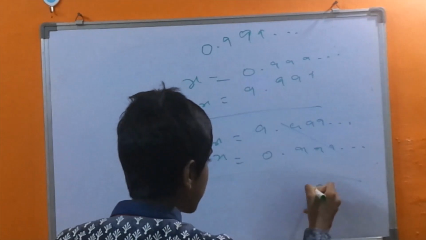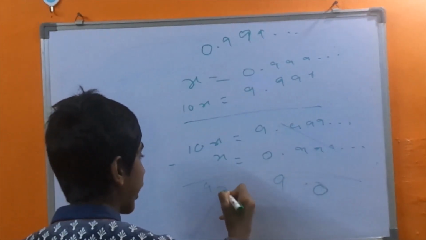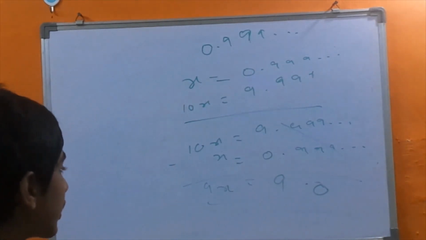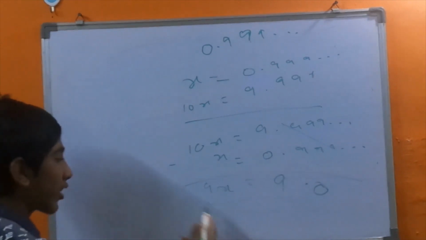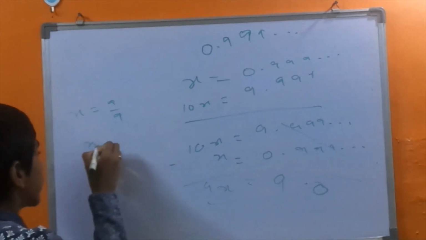We cancel out to 0 point, and this is 9 and this is 9x. If we do the further calculation, x is equal to 9 by 9 and x is equal to 1.